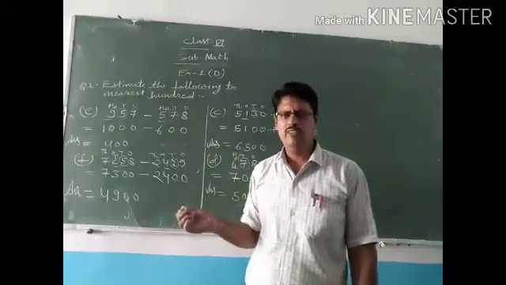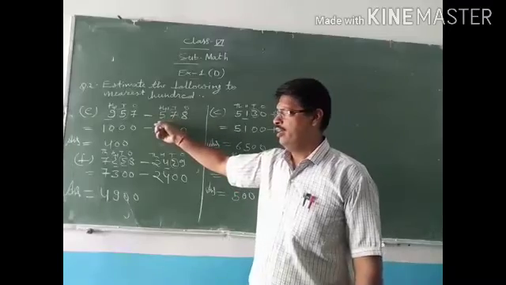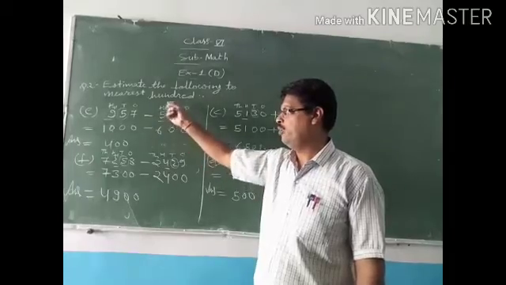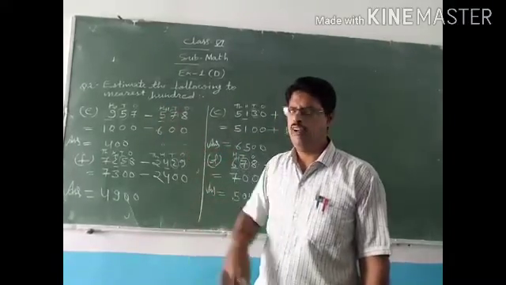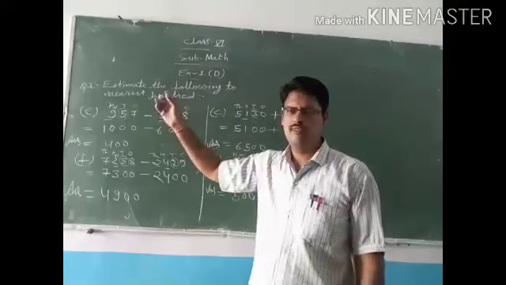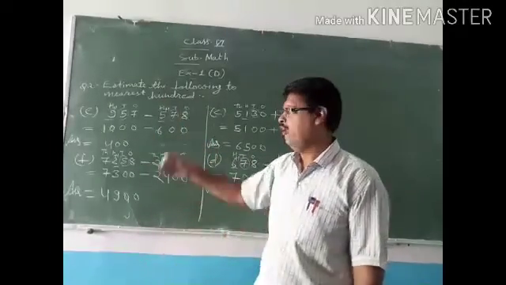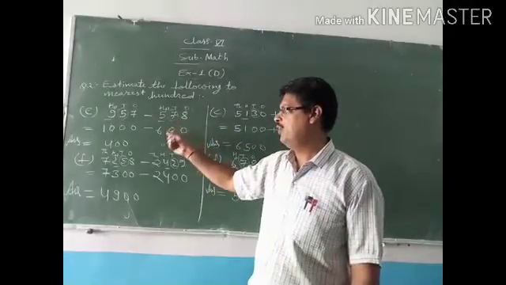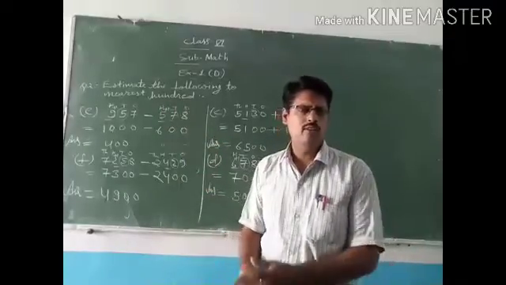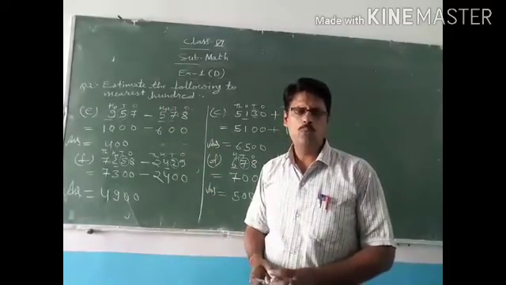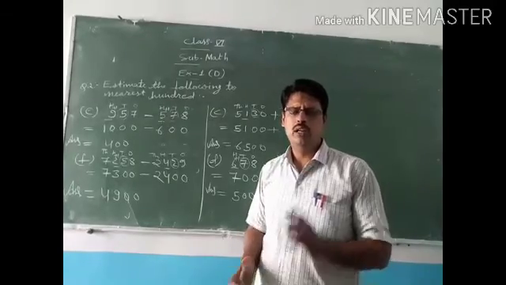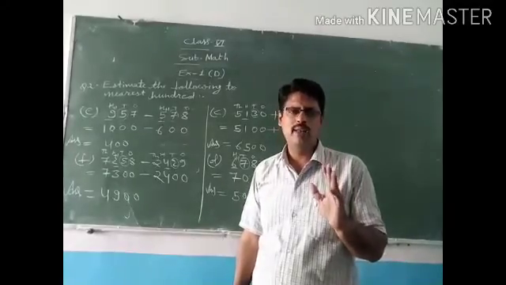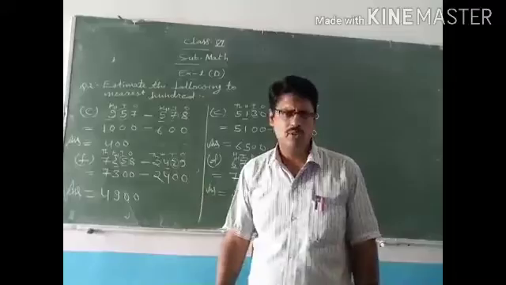Or the method which I have told is: the place which we have to round off, we again have to see the digit, and if it is less than 5 then these both will become 0 and the remaining digits will come as they are, and if it is 5 or greater than 5 then these both will become 0 and here plus 1 we will do. This is the method. Understood? So I hope now these types of questions, rounding off to nearest 10, rounding off to nearest 100, you can do nicely and you can estimate these kinds of sums also.